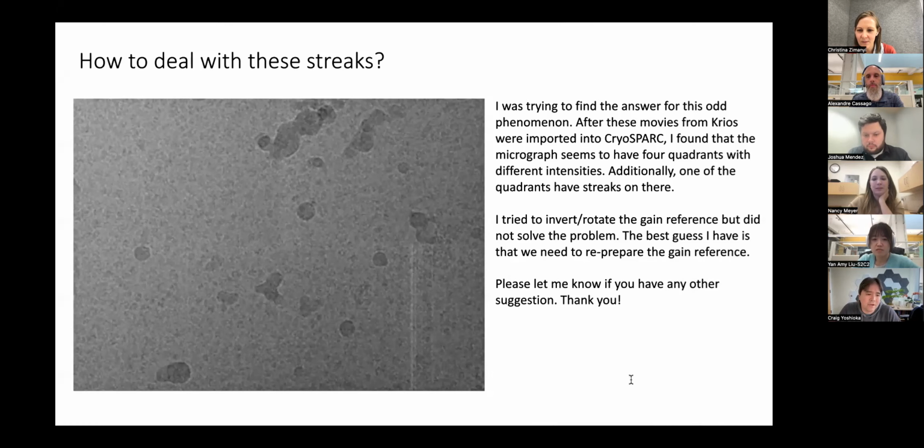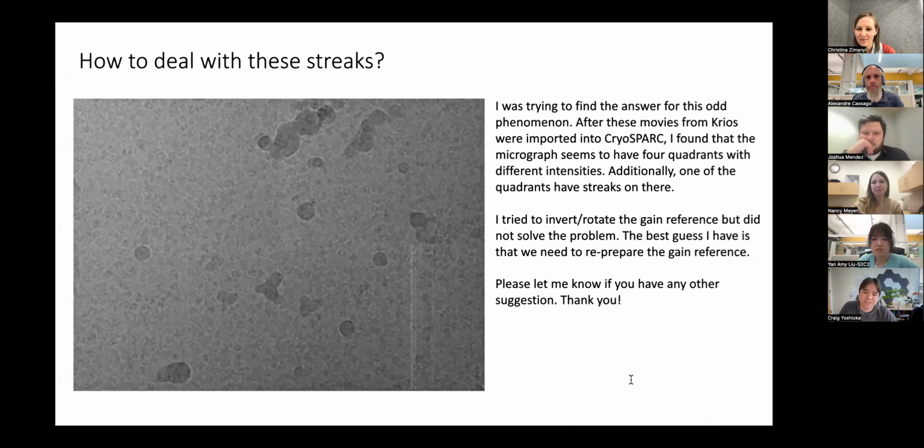But then my other worry would be, for a single particle project, the way I view things like this is sometimes I just choose to ignore it because quite honestly, it's affecting a small percentage of the image. And what would most likely happen, or I can almost guarantee would happen, is if you pick particles over those features and the features are strong enough, you'll throw those particles out during 2D classification.